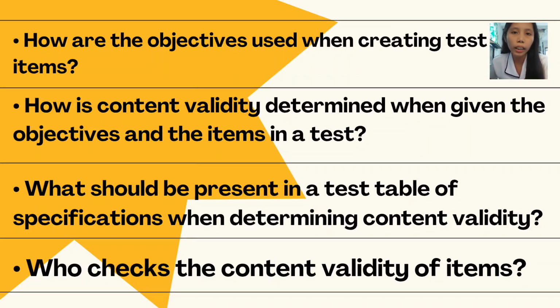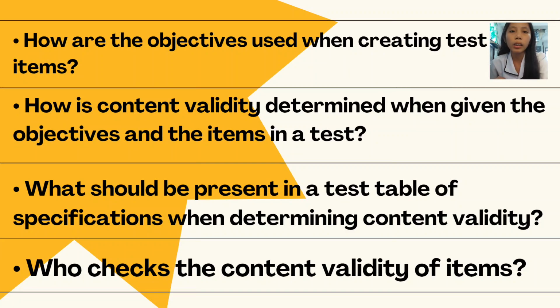So, first, based on the case, how are the objectives used when creating test items? Ang sagot dito is ang ginagamit ang objectives dito sa content validity to serve as a guide or yung what we call blueprint para mas masigurado natin na yung bawat tanong sa test is tumutugma siya sa specific learning outcome na tinuturo sa class.